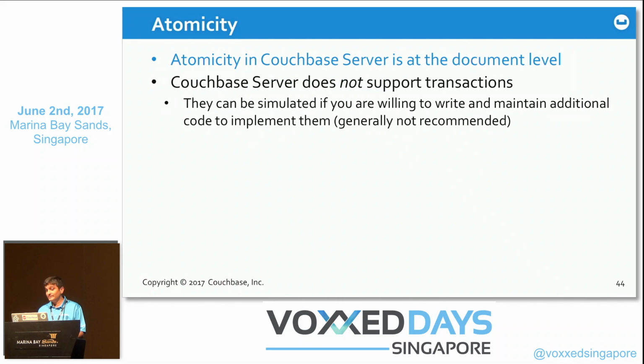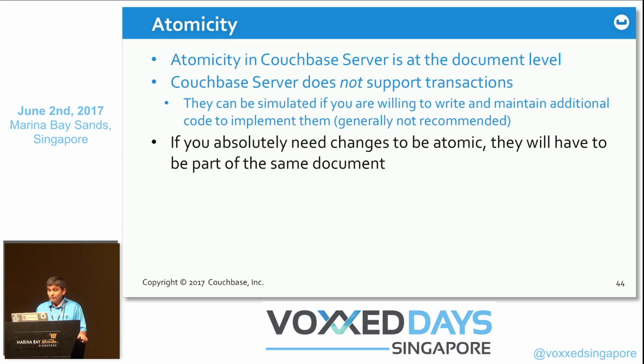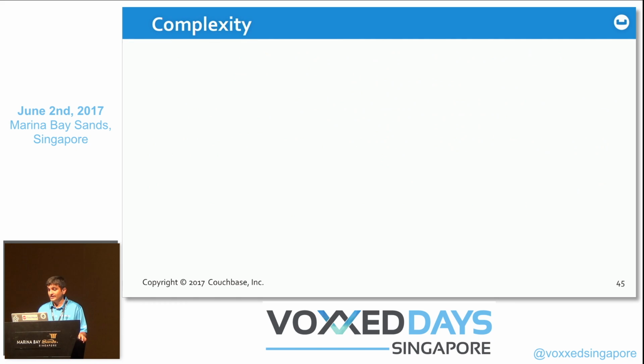However, they can be simulated if you write additional code. So if you absolutely need changes to be atomic, then they will have to be part of the same document. And the maximum document size of Couchbase Server may limit how much data you want to store in a single document, which is not more than 20 megabytes.